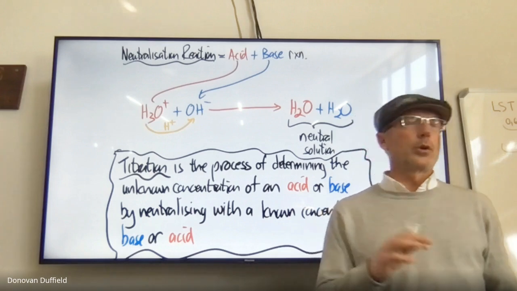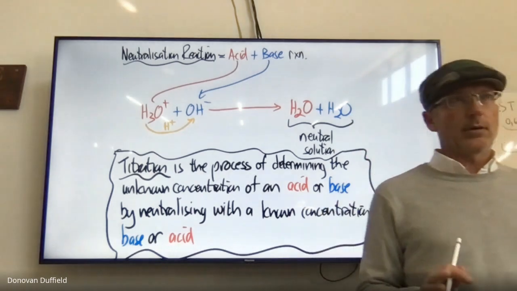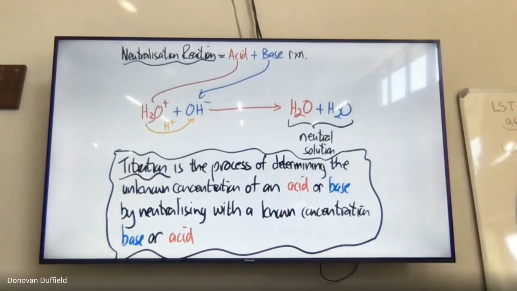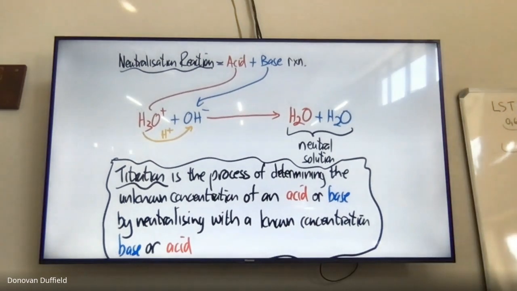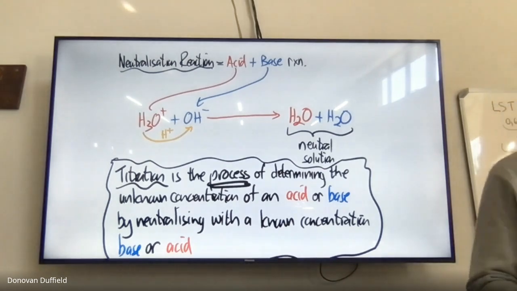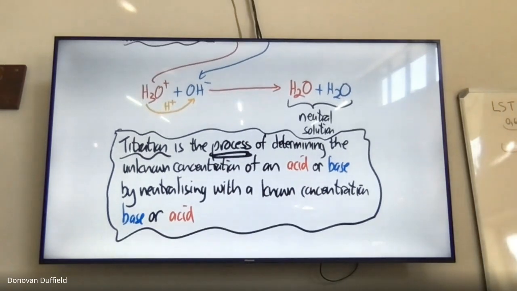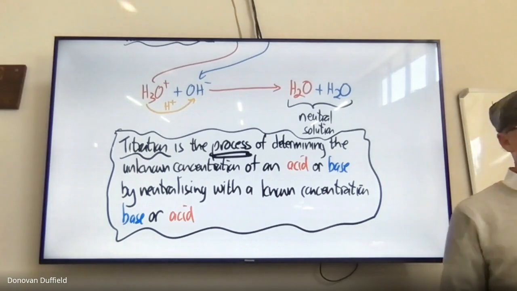We are going to work with it in the context of acid and base reactions. So a titration is a process of determining the unknown concentration of an acid or base by neutralizing with a known concentration of base or acid.